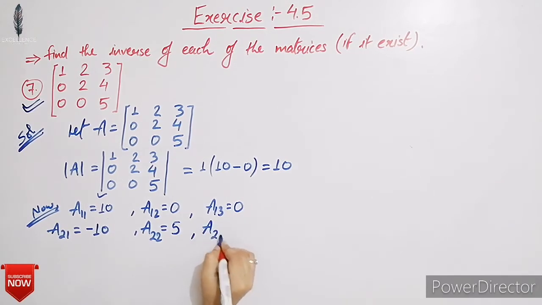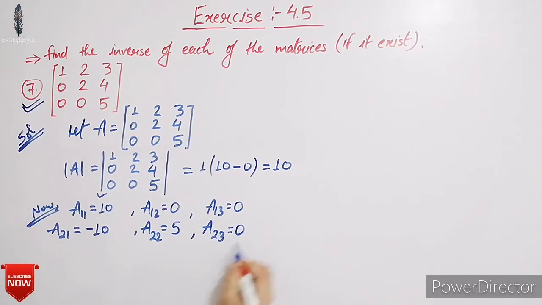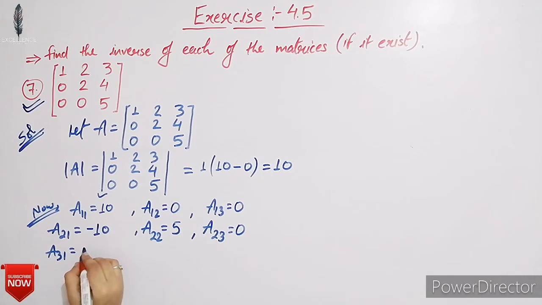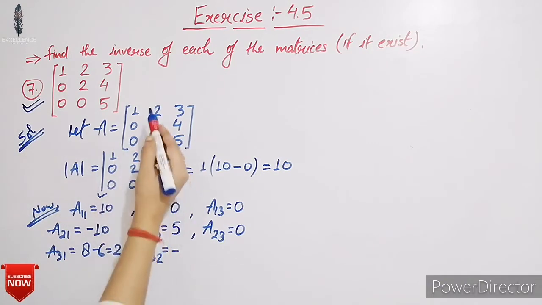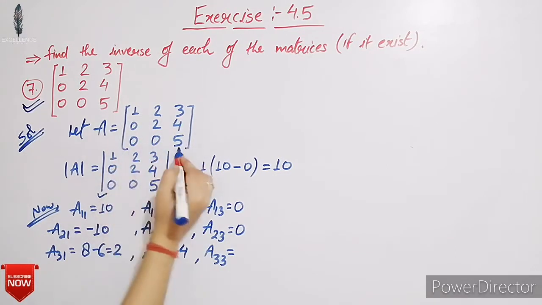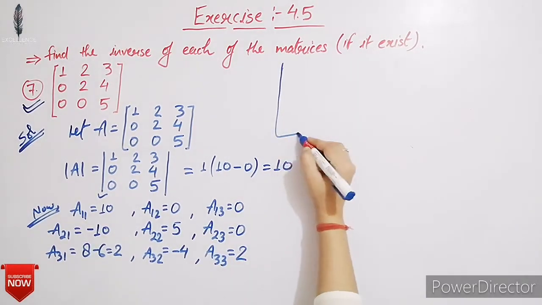A23 is equal to negative M23, so on blocking second row third column it is 0. And here A31 is equal to 8 minus 6, which is equal to 2. A32 is equal to, on blocking third row second column, minus M32, so it's -4. And A33 is equal to, on blocking third row third column, positive M33, that is equal to 2.